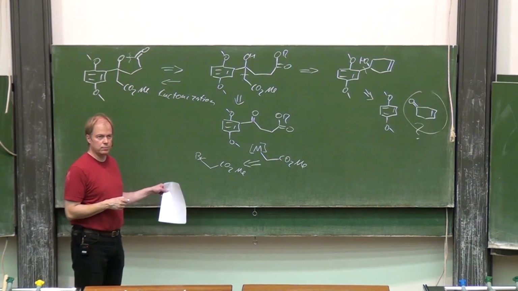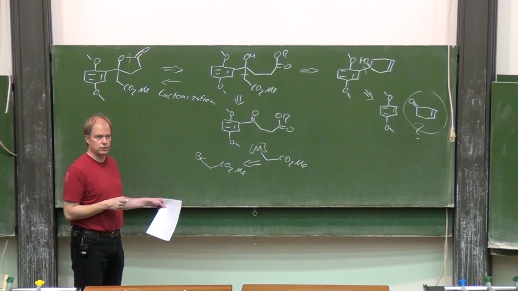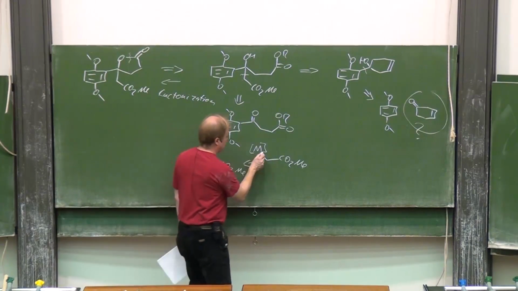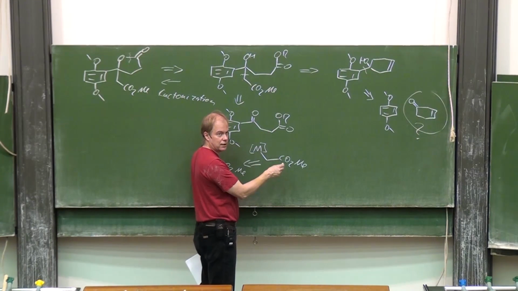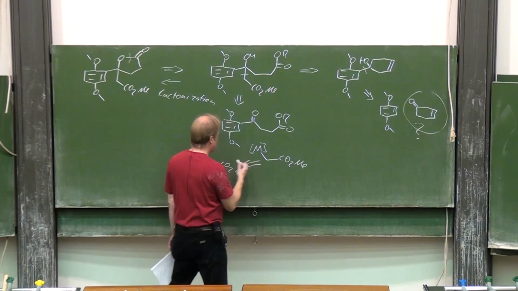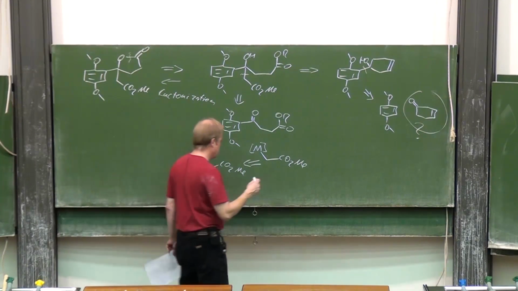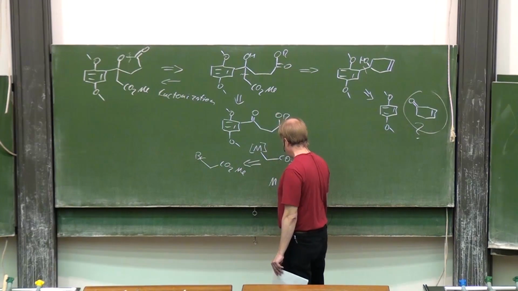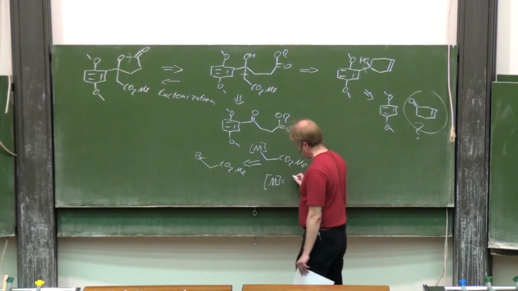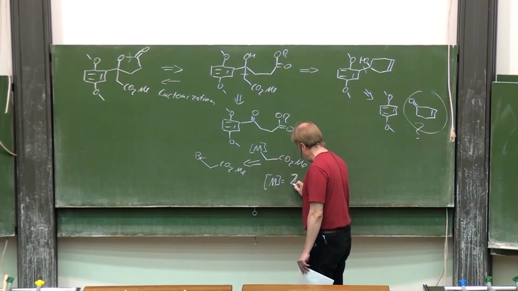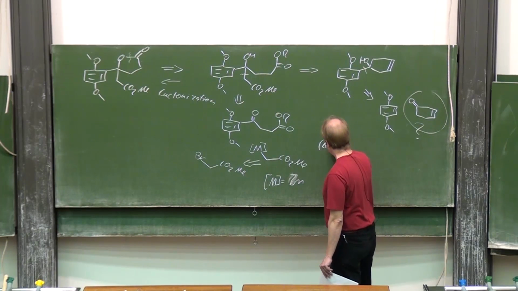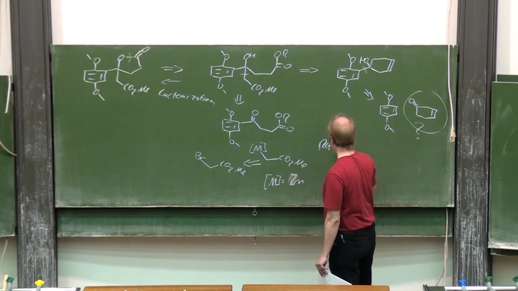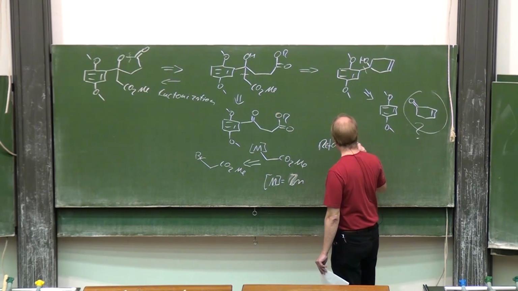Lithiation, well, lithium is not the metal of choice in this case because this organolithium species will react with the next ester functionality, of course. The classical way to achieve that is with the metal, well, an organozinc compound. This is then called the Reformatsky reaction.